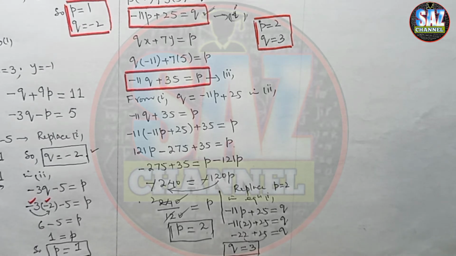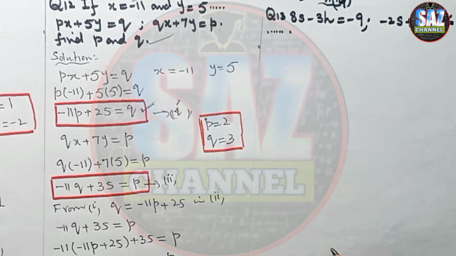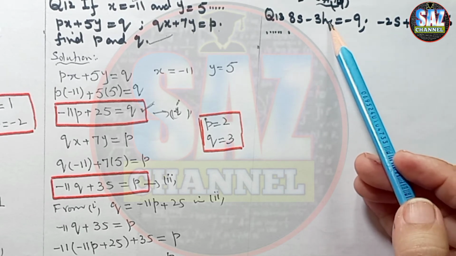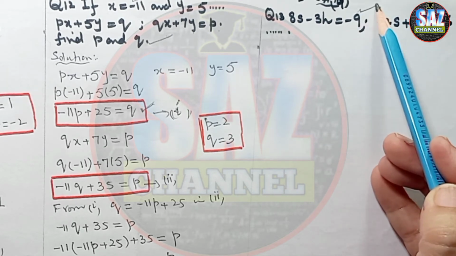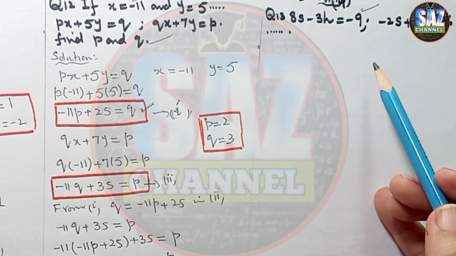Let me move to the next question, and as the question is long, I will be reading the question from the book. Question says, a computer animation shows a cat moving in a straight line. Its height h meters above the ground is given by 8s minus 3h equals minus 9, where s is the time in seconds after it starts moving.